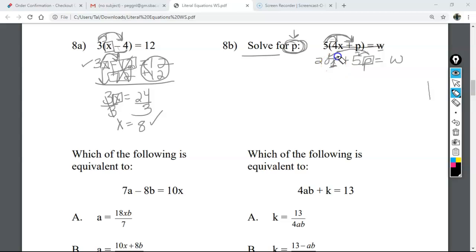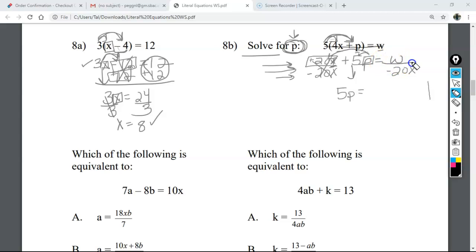We're going to take this entire term and do the opposite. So if we have 20x, and that's technically positive, we're going to minus 20x on both sides. All right, so that's kind of the creepiest one we've seen so far other than that fraction one. These cancel out. I'm still left with 5p equals.